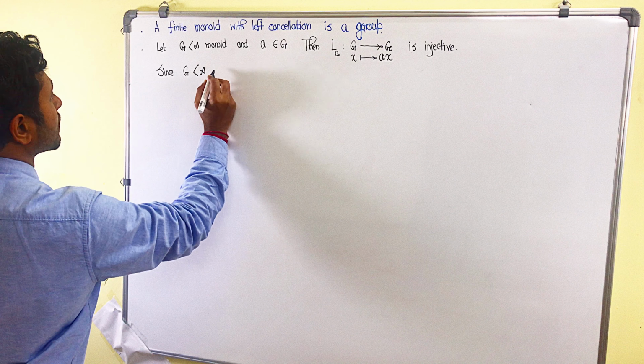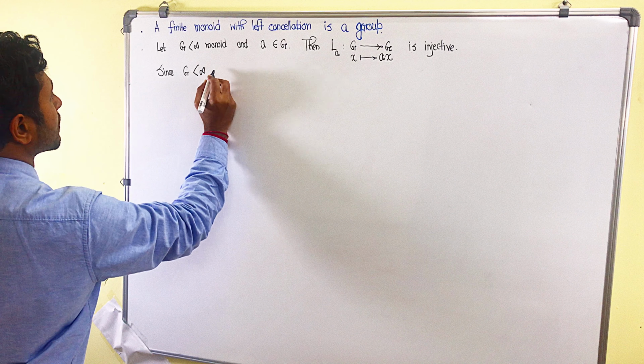So in particular, corresponding to B there is also a left multiplication map, let's denote this by L subscript B. That function is also injective from G to G, so that is also surjective because G is still finite, and therefore there exists an element C in G such that B compose C is identity as well.